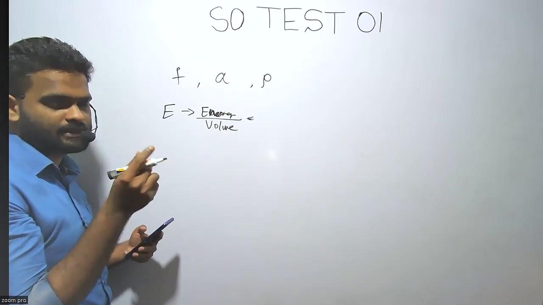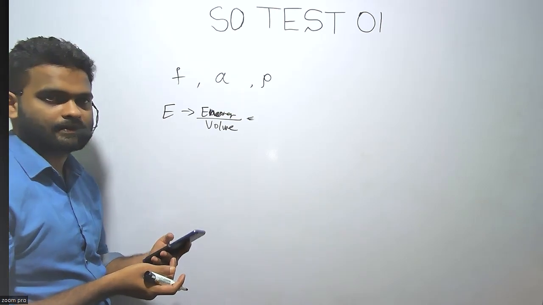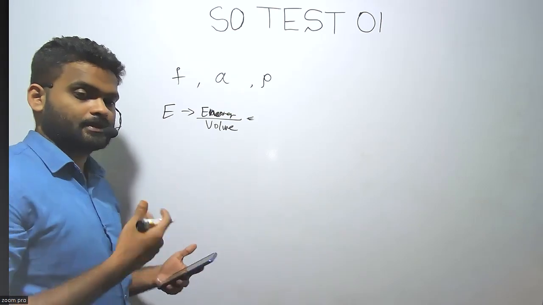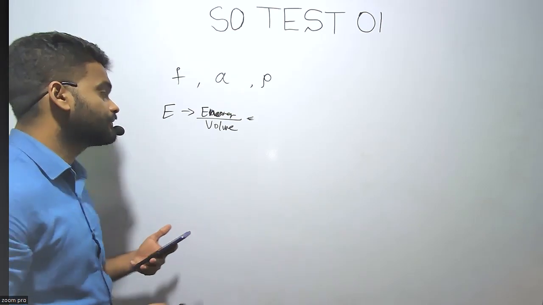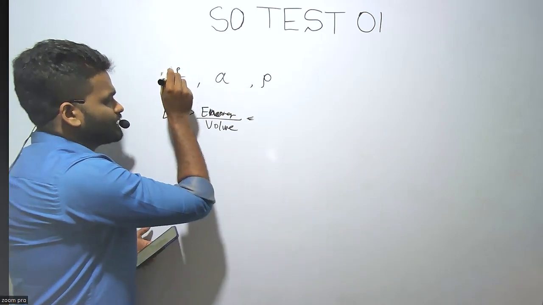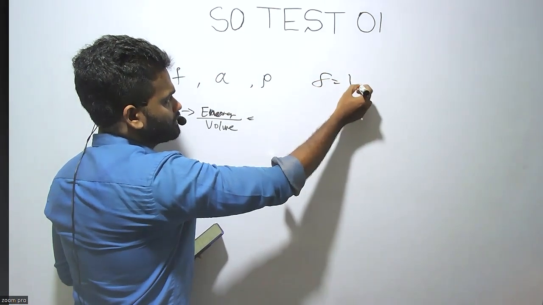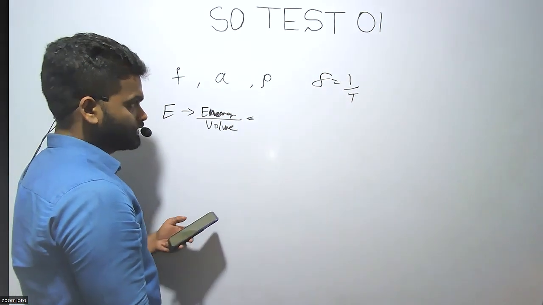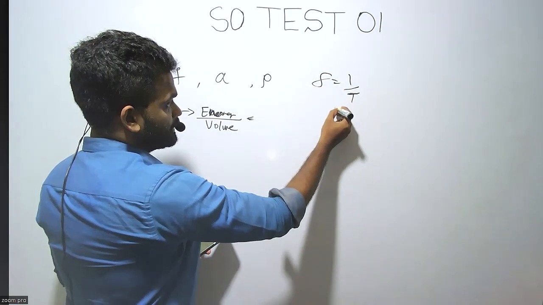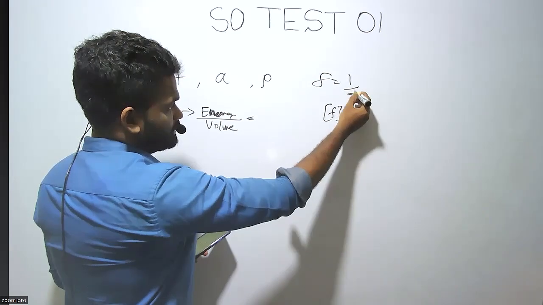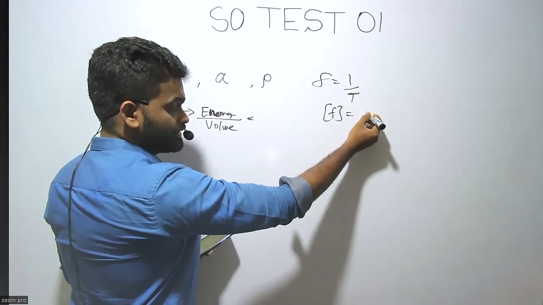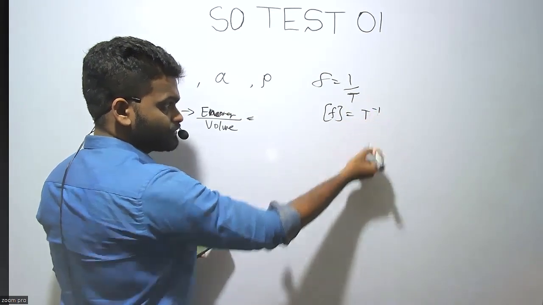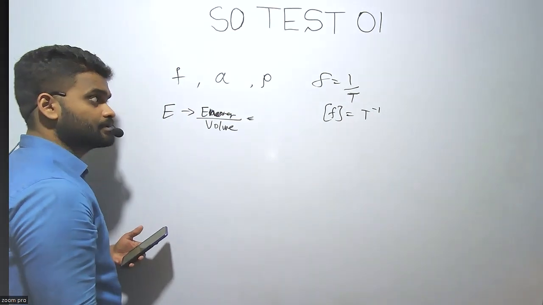In waves and oscillations, you will learn this extensively, but here in O levels as well, you learn this. What is frequency? That is 1 over the time period. So the dimensions of frequency should be 1 over capital T, that is T minus 1.